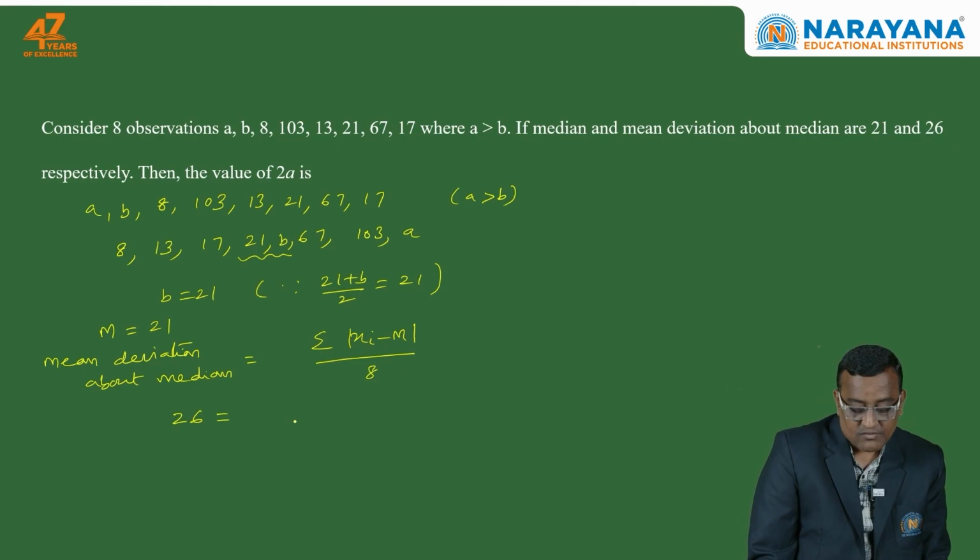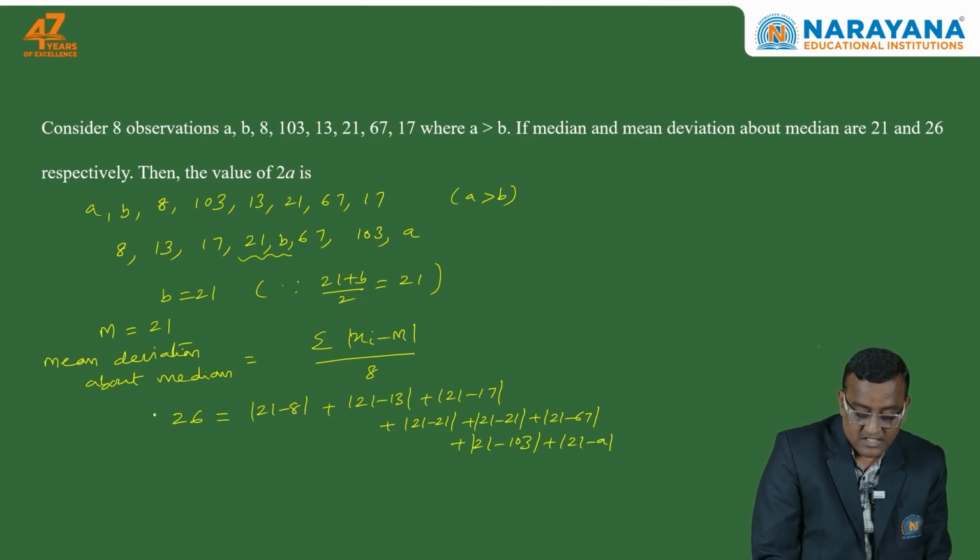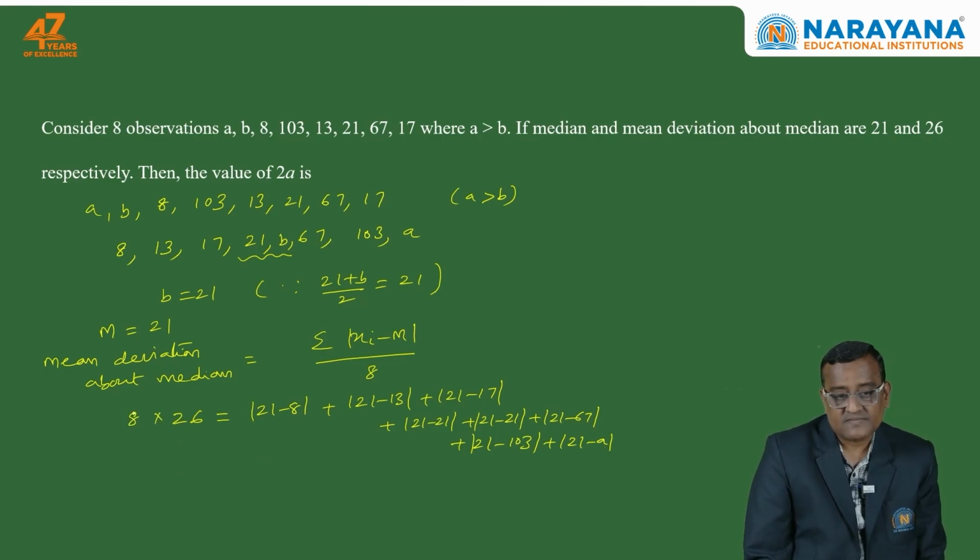So, here the median is 21: first modulus of 21 minus 8, next 21 minus 13, 21 minus 17, next 21 minus 21, next also 21 minus 21 because B is 21, next 21 minus 67 and 21 minus 103, plus 21 minus A, by 8. I am taking the denominator 8 to the left hand side. So, 26 into 8, 208.